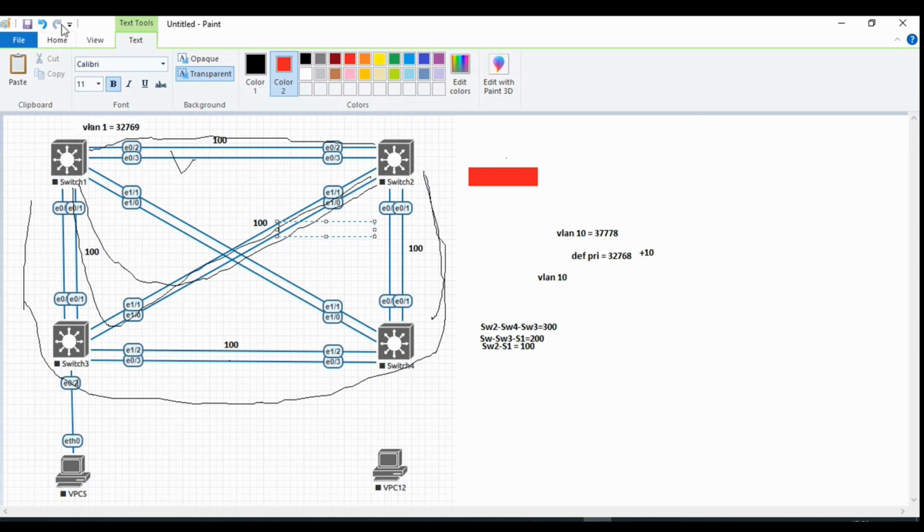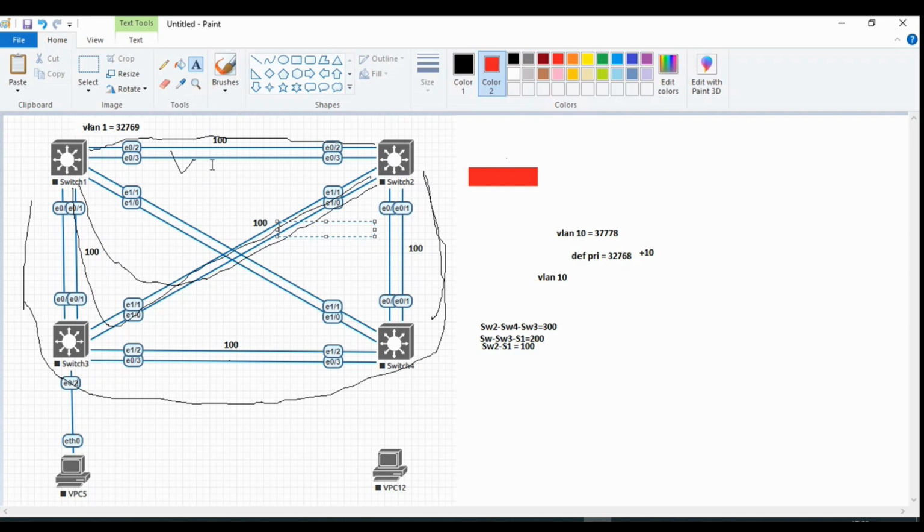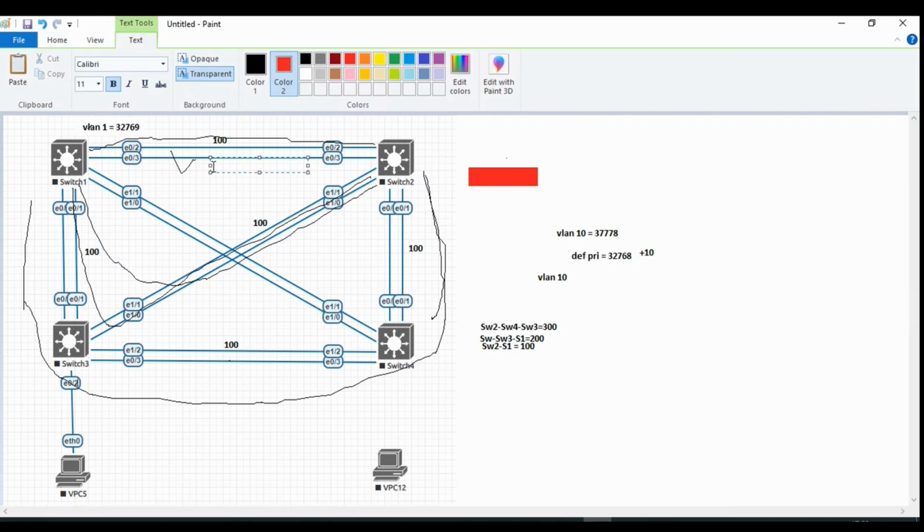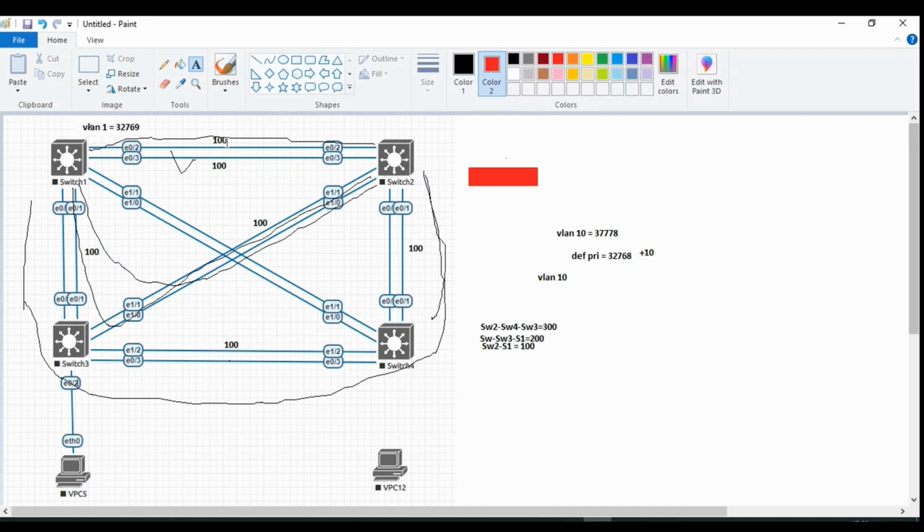But if you see, every switch has the same path cost. This single physical link has a path cost of 100, and this one is also 100. What is the second criteria? Please listen, this is very important to form a root port.